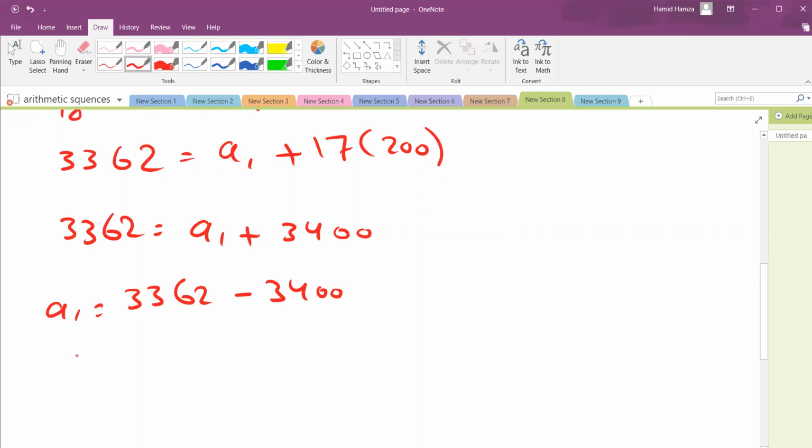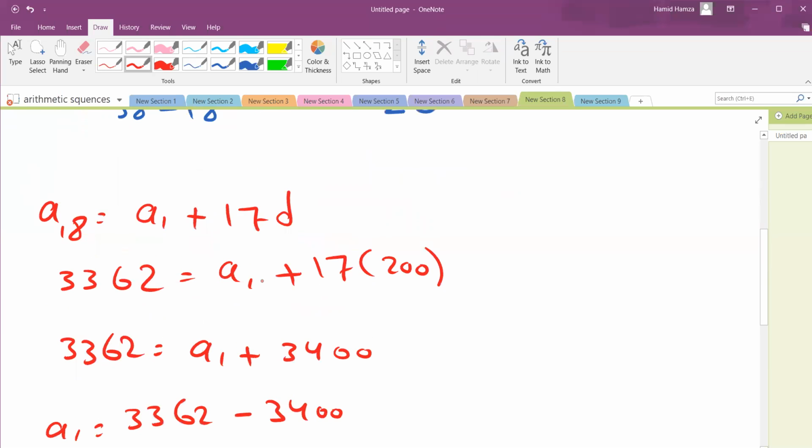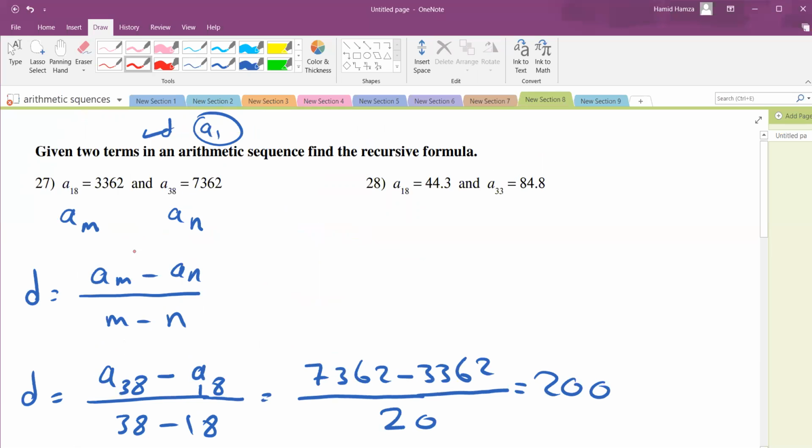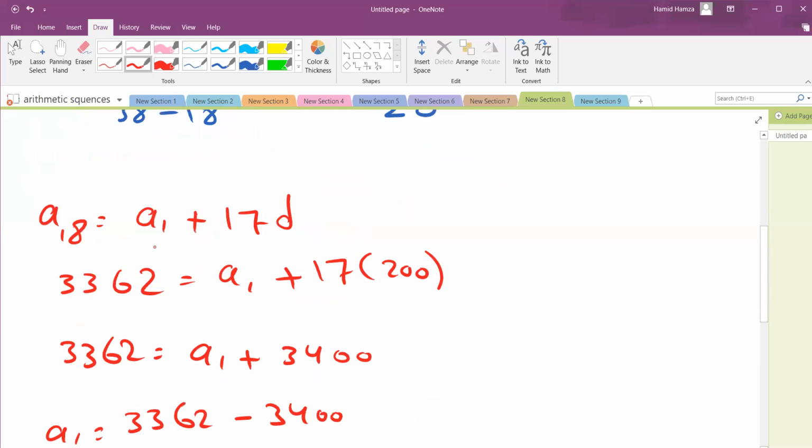So the first term, A1, will be equal to 3362 minus 3400. So the answer would be negative 38. This is A1, the first term. Okay.